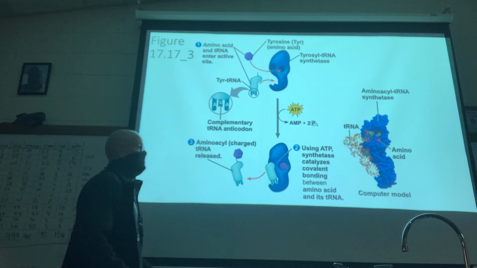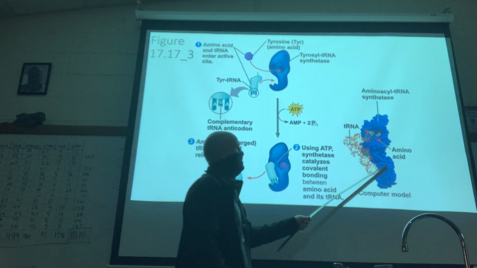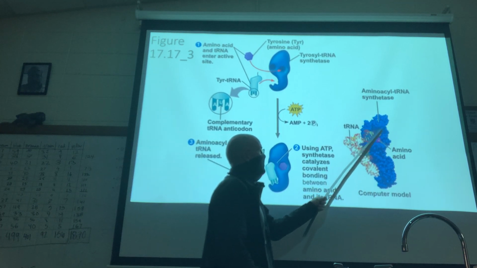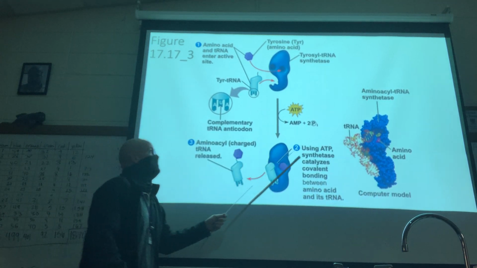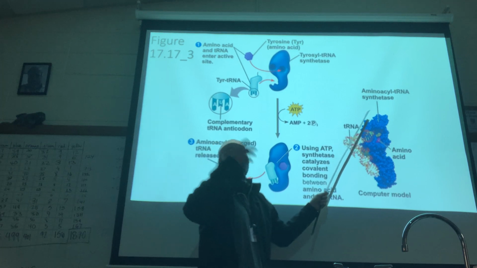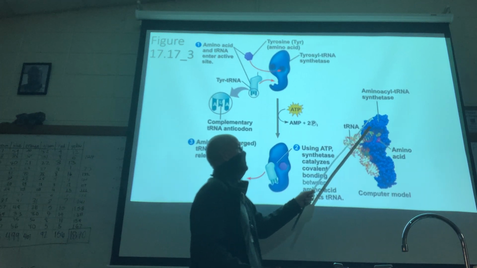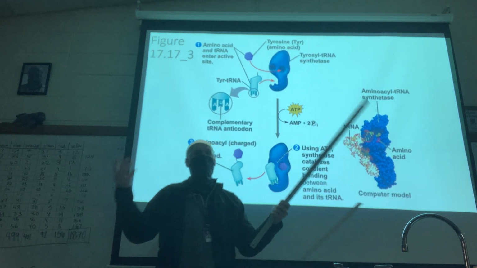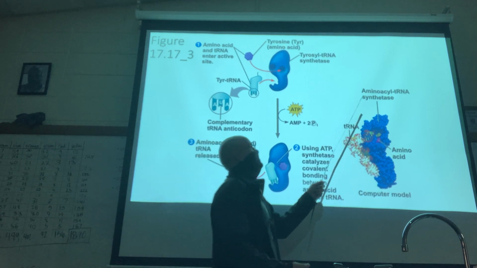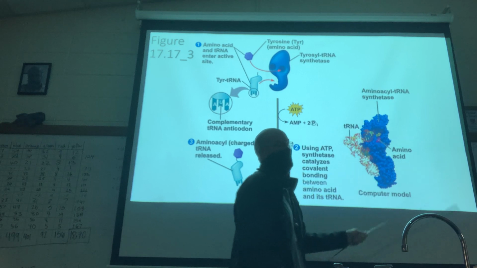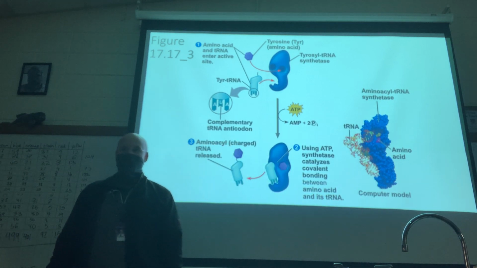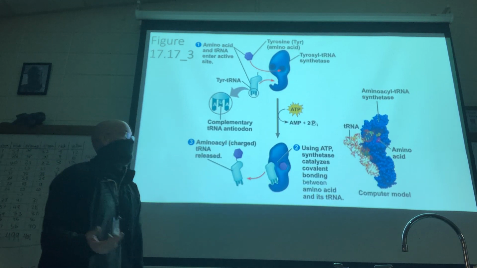And this is the enzyme right here in blue, and it's also represented here and here. This is a class or a family of enzymes that have a wonderful name. The name is aminoacyl tRNA synthetase. Isn't that a fun, simple name?